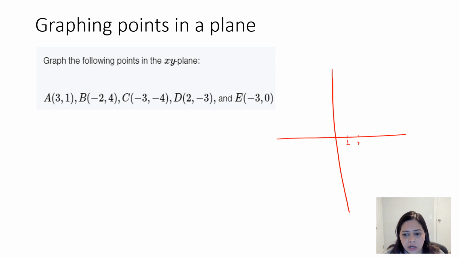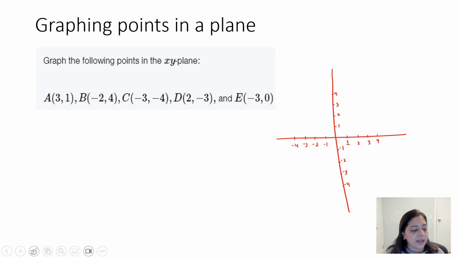This is 1, 2, 3, 4. This is -1, -2, -3, -4. Similarly on the y-axis, this is 1 unit, 2 units, 3 units, 4 units. This is -1, -2, -3, and -4.